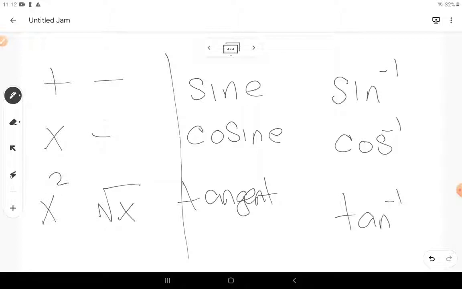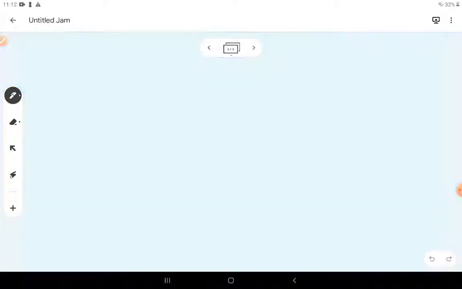All right, so let's not have any misconceptions about this. All we're going to call this is sine inverse or inverse sine, inverse cosine, inverse tangent. We're not going to call those anything else. But here's a misconception. That -1 on top, you are never going to refer to it as a -1.